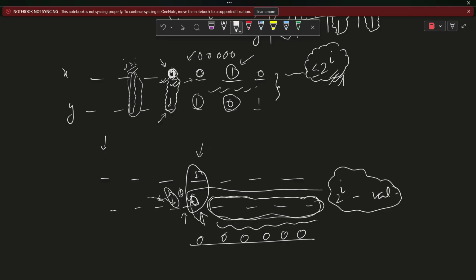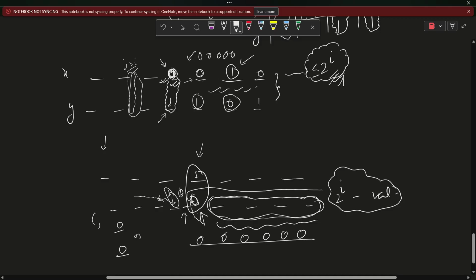It will keep on carrying until two things happen. What are those two things? Obviously, in the second number it is going to be 0, and in the first number it can either be 0 or it can be 1, right?